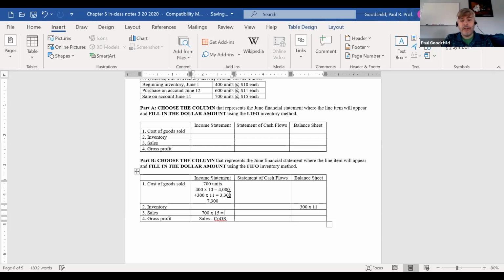Sales is 10,500. And so this would be 10,500 minus 7,300, so 3,200.